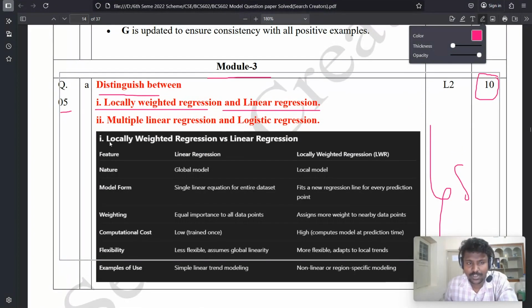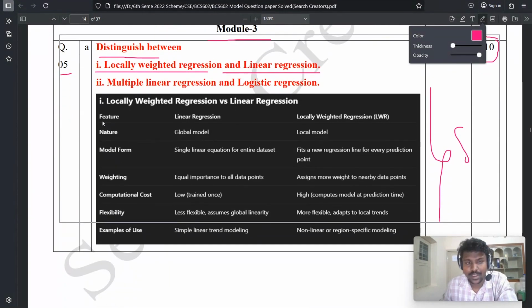Firstly, we distinguish between locally weighted regression versus linear regression, and the features of each one. The first feature is nature: linear regression is a global model, and locally weighted regression, LWR, is a local model.